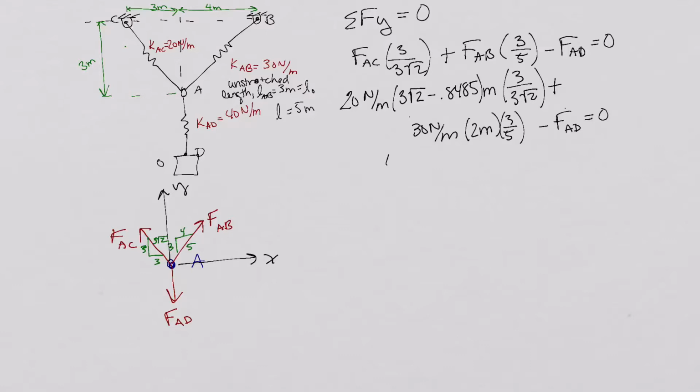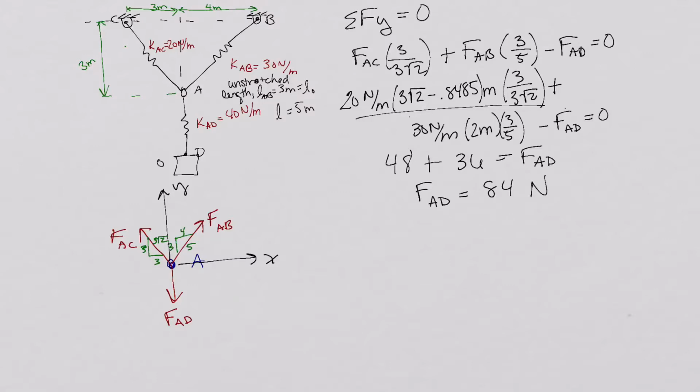So now we get 48 is that first term here, plus 30 times 2 times 3 over 5, plus 36 equals FAD.